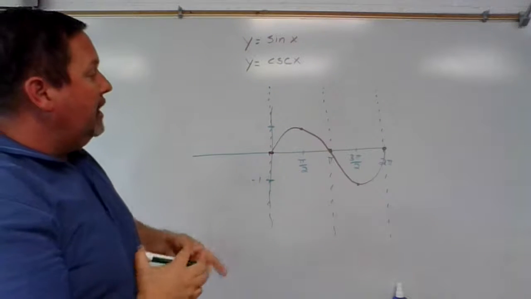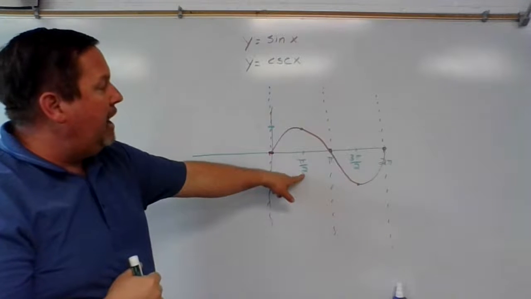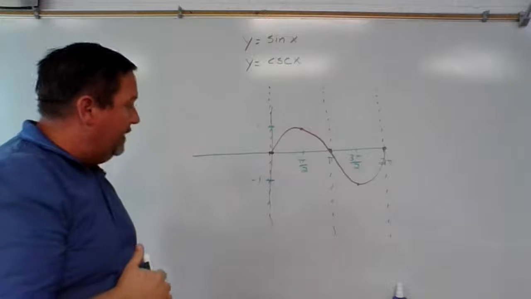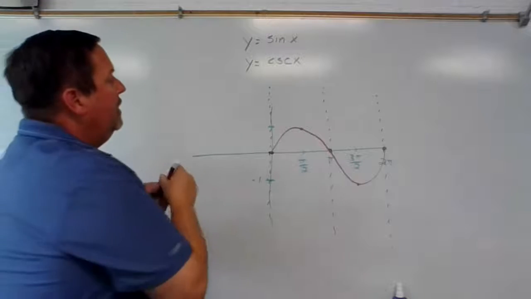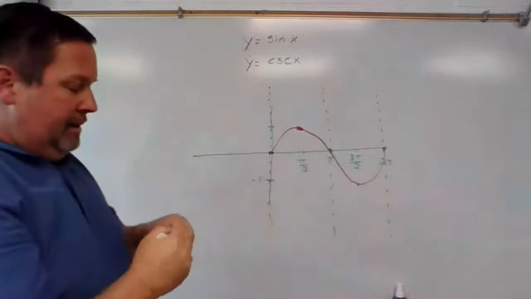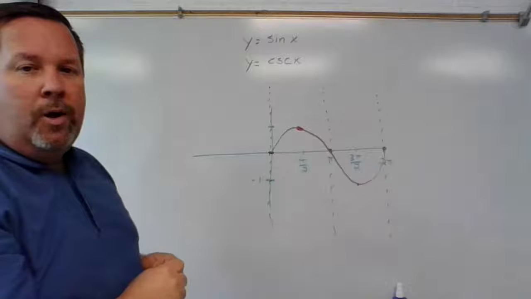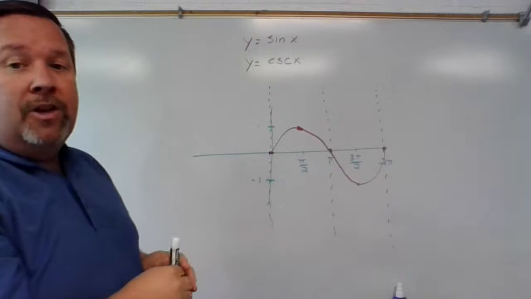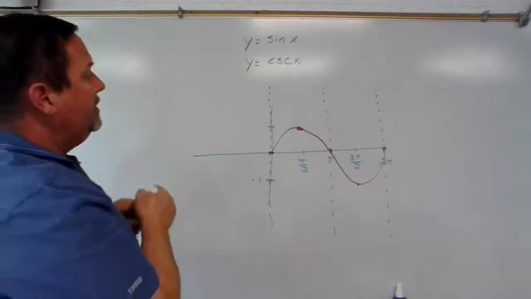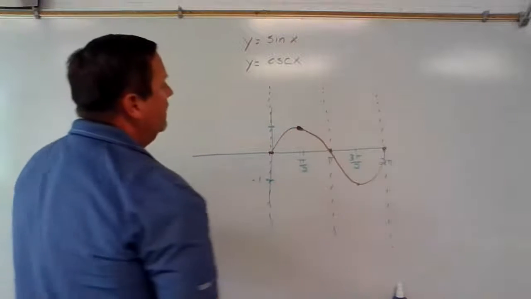Now, let's look at this increment here. The sine of pi over 2 is 1. Didn't draw it all too good, but that's going to be my maximum point of 1. What's the flip of 1? What's 1 over 1? Turns out that's also 1. These two graphs are going to share that point in common.